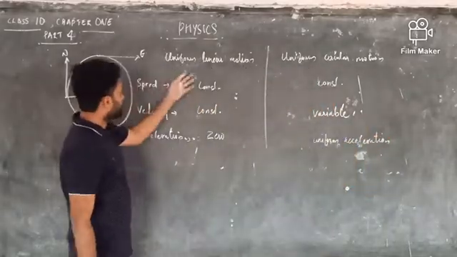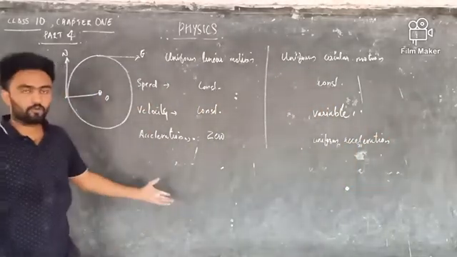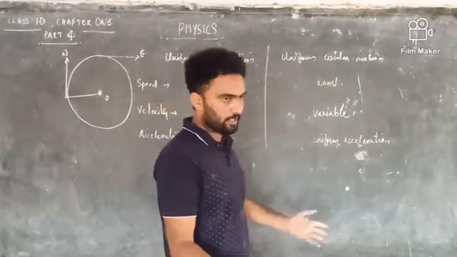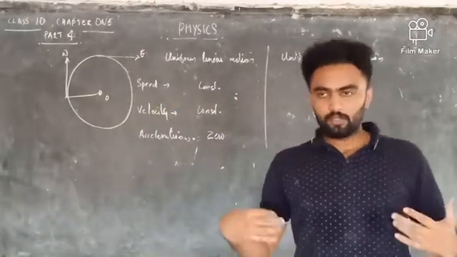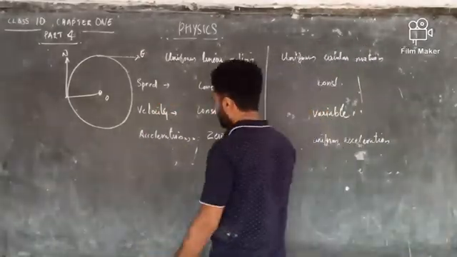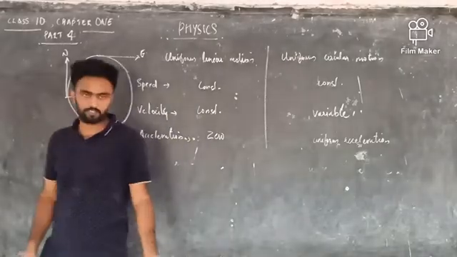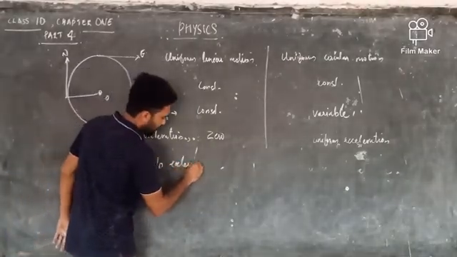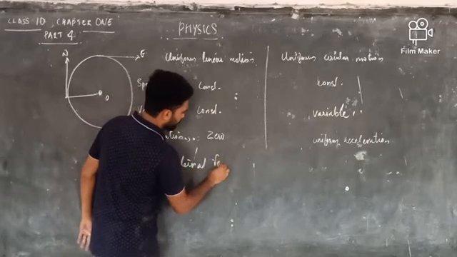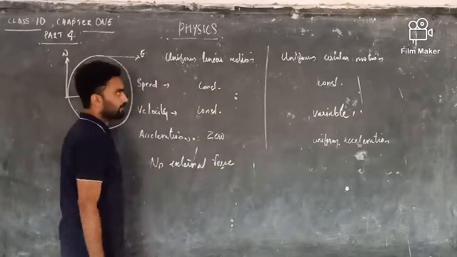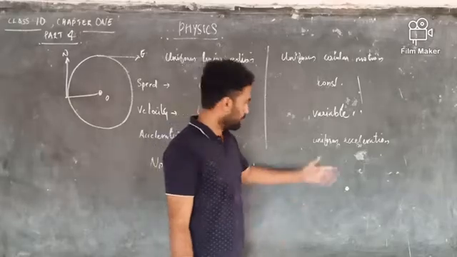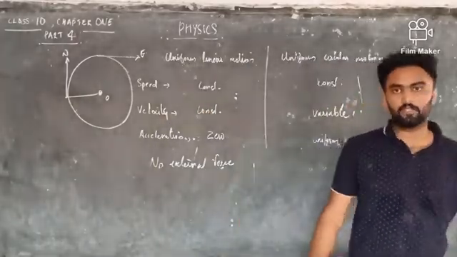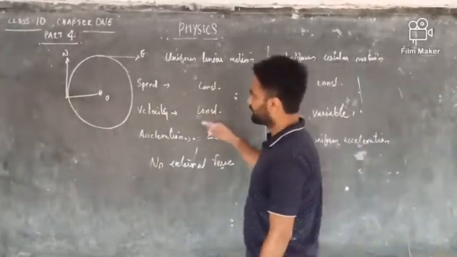Clear? Then, for the case of uniform linear motion, there is no need of any external force. It can continue in that state without any external force. So no external force is required in the case of uniform linear motion. But in the case of uniform circular motion, we know that it's a uniformly accelerated motion, which means in every moment it is changing its direction.